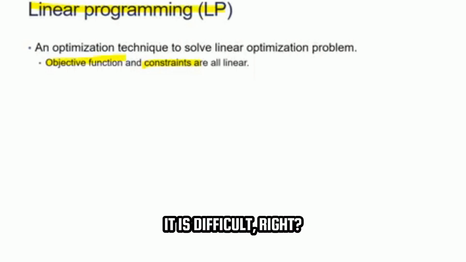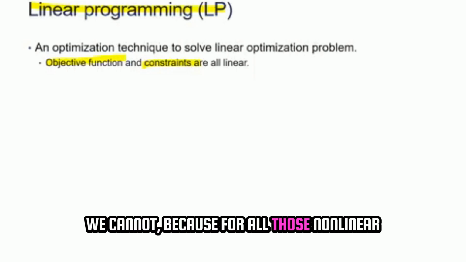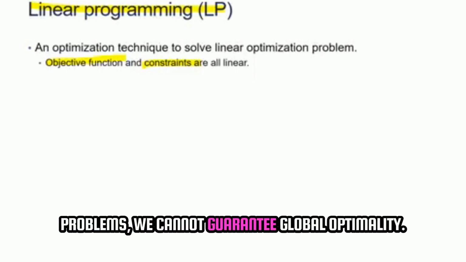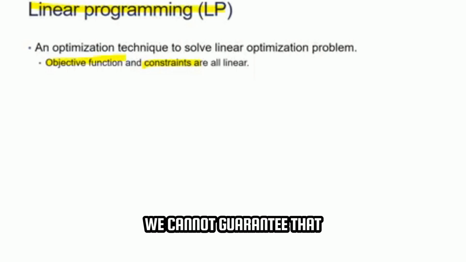It is difficult, right? Because for all those nonlinear problems, as we saw just now, we cannot guarantee global optimality. We cannot guarantee that there will be a unique solution.